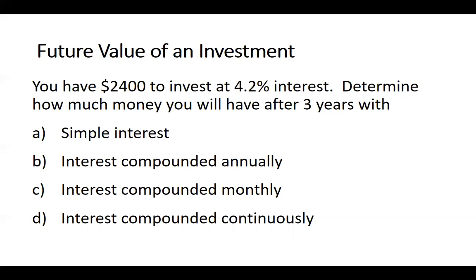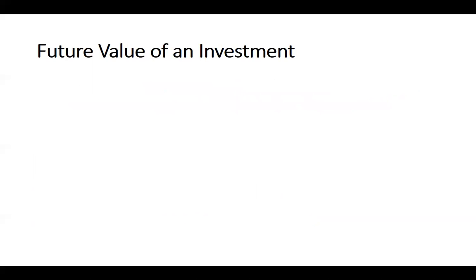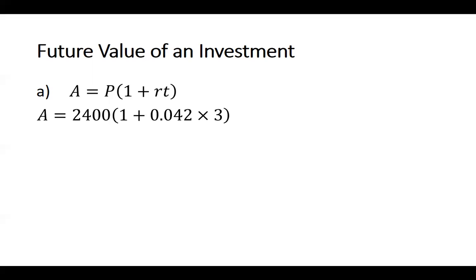So we invest $2,400 at 4.2% for 3 years. For simple interest, A is equal to P times (1 plus RT). Our principal was $2,400, invested at 0.042, or 4.2% interest, for 3 years.